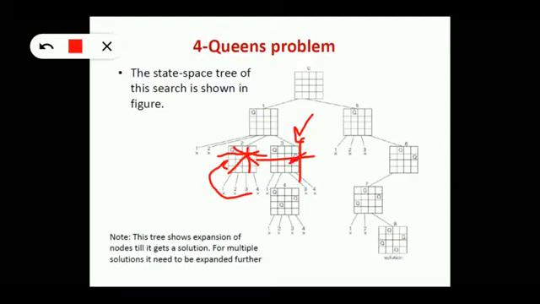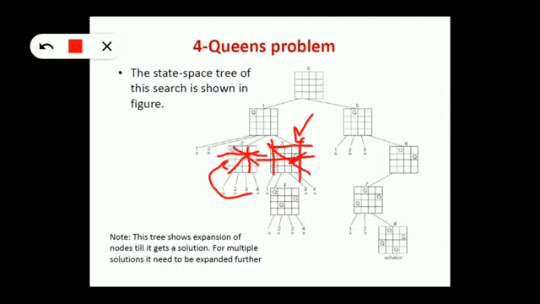So similarly, when queen 1 is occupying the first row, first column, queen 3 cannot be placed either on row 1 nor on column 1, and similarly cannot be placed on the diagonal.